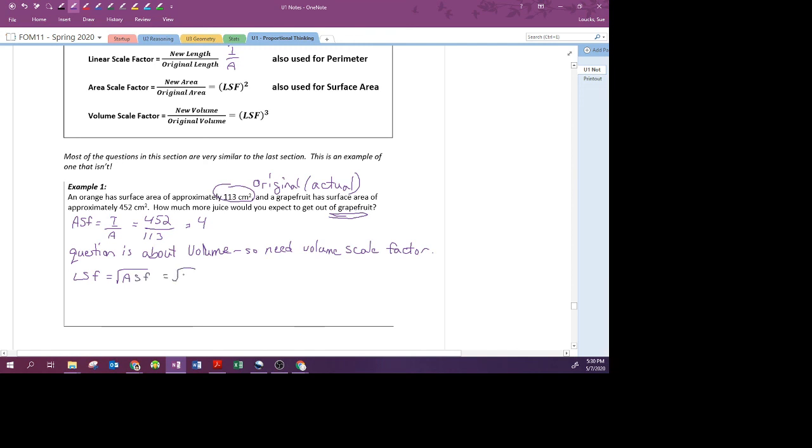So it's the square root of 4, which is 2, and the volume scale factor is the linear scale factor cubed. So that means it's 2 cubed, which is 8. So the grapefruit has 8 times the volume of the orange. So we would expect 8 times as much juice.